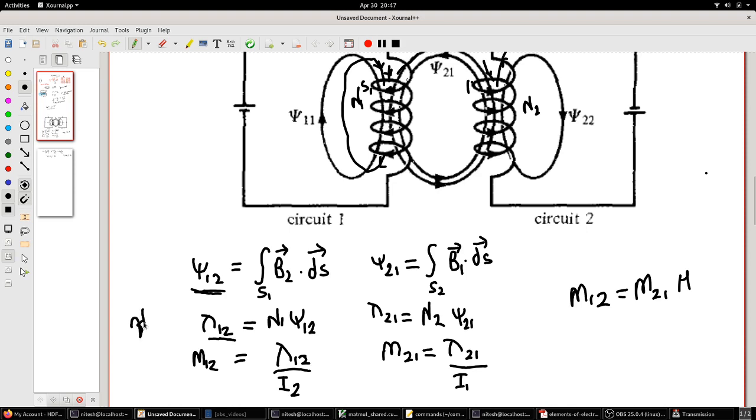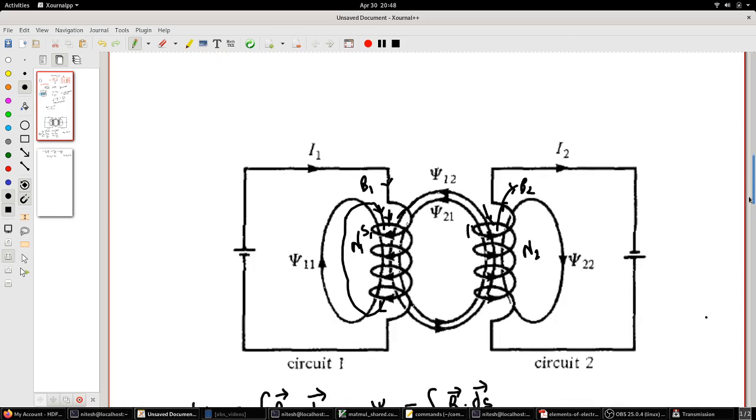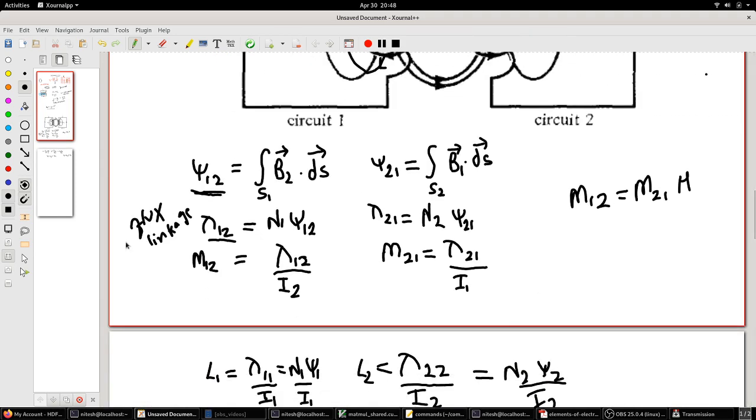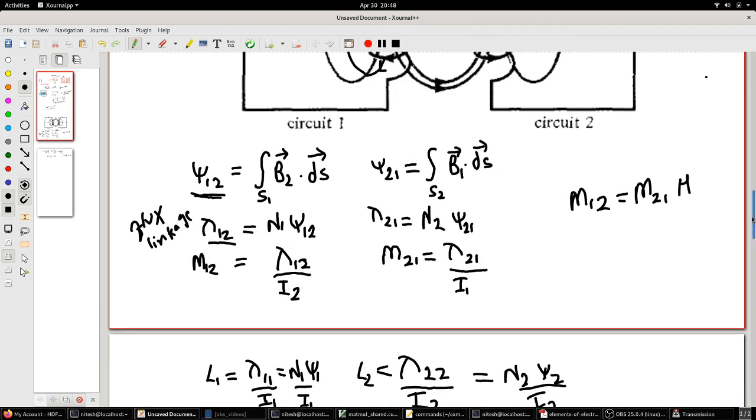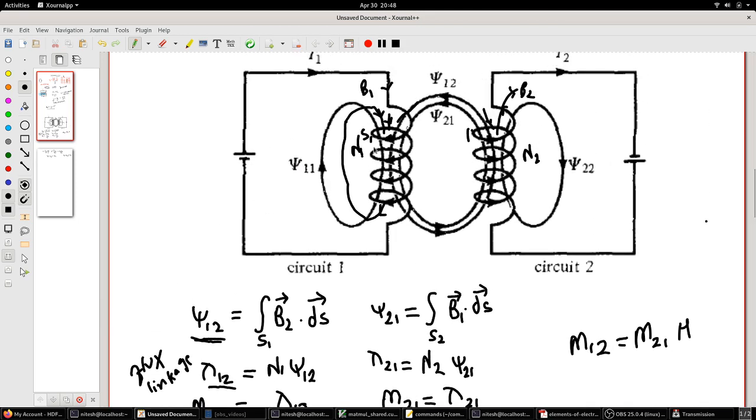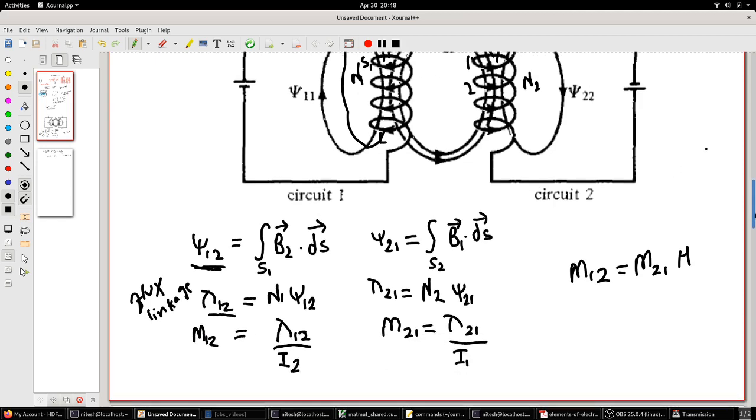This is the flux linkage because of the magnetic field generated by a coil in the vicinity. So the flux linkage is because of the current flowing not in circuit 1 but in circuit 2.